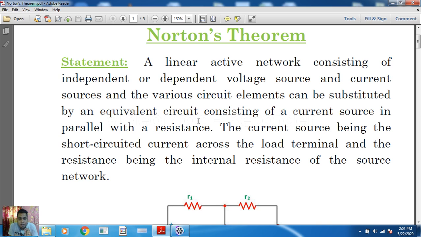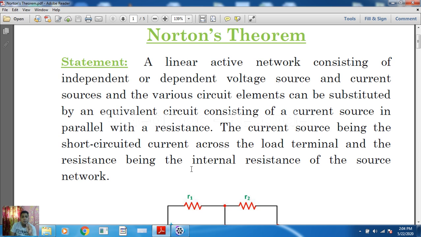The statement says that a linear active network containing independent or dependent voltage sources, though remember in your syllabus no dependent source is there, so for now don't think about dependent sources, you have only independent sources, and current sources and various circuit elements can be substituted by an equivalent circuit containing a current source in parallel with a resistor.